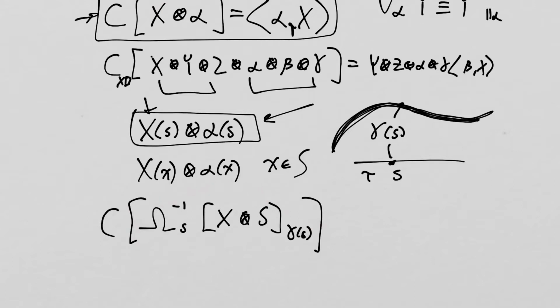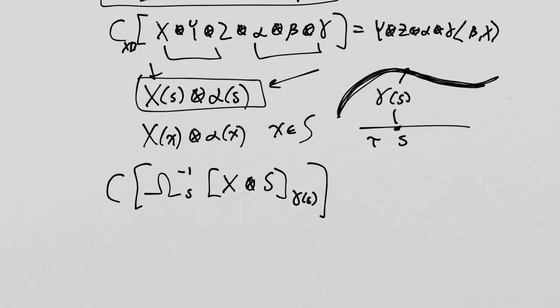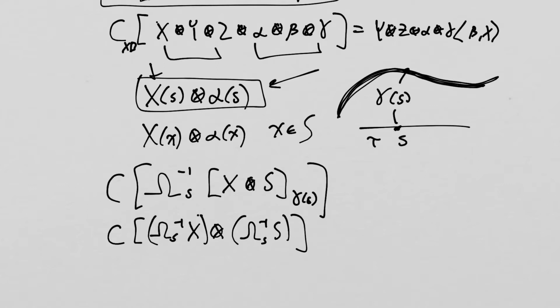Well, we use the facts that we generated in our last lesson, where I will now write that it's equal to the contraction of the inverse parallel transport of x tensor product the inverse parallel transport of alpha, right? Because we are using the rule where the parallel transport operator commutes with this tensor product operation. So we get this expression.